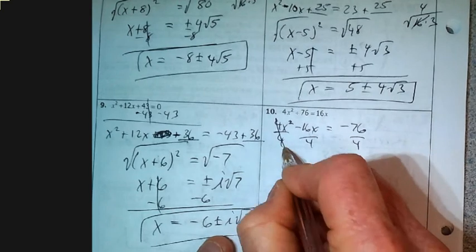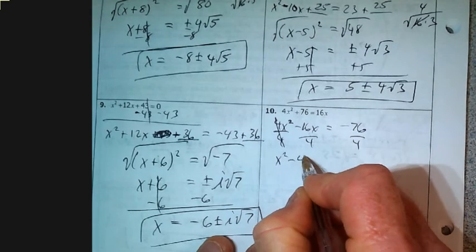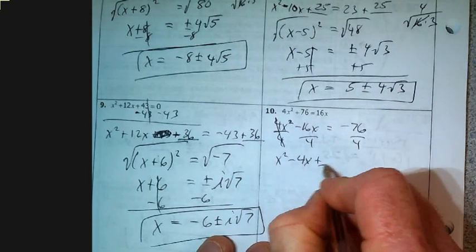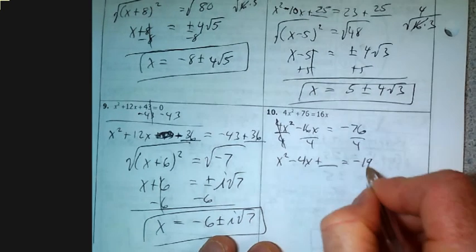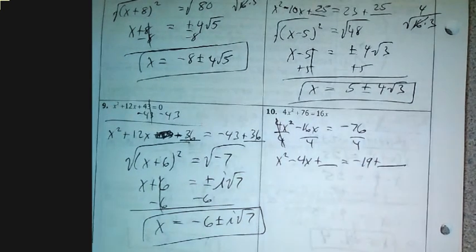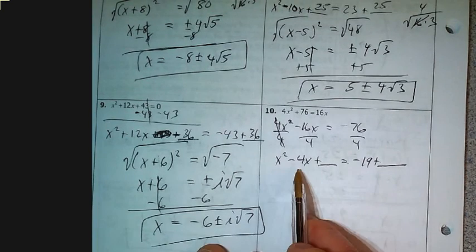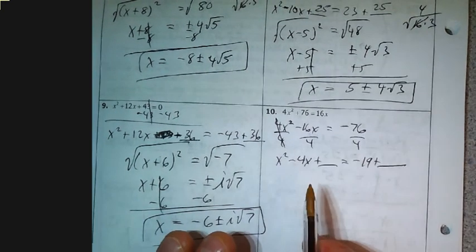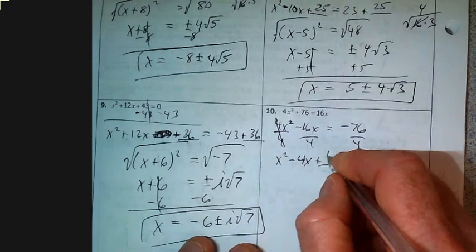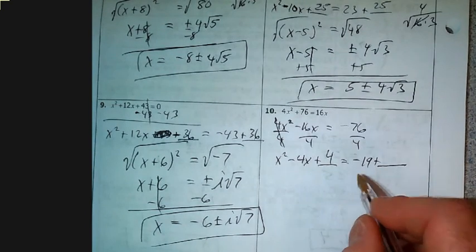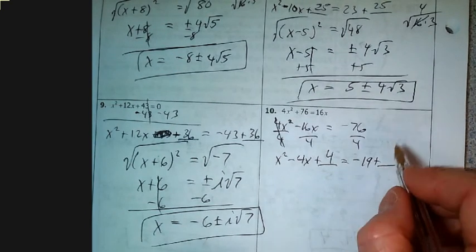X squared minus 4x plus a space equals negative 19 plus a space. So it's going to work out pretty nice. Half of negative 4 is negative 2. Negative 2 squared is 4. Okay, so we're going to add 4 to both sides.